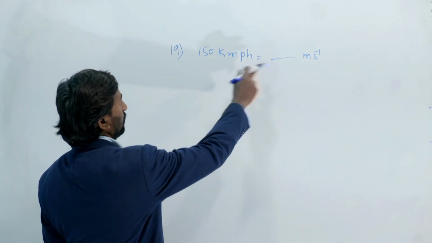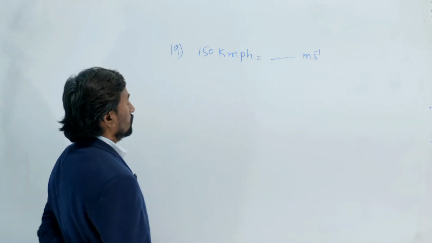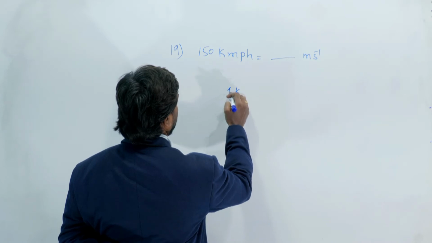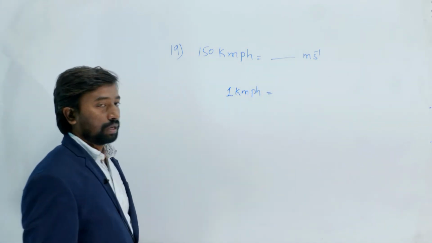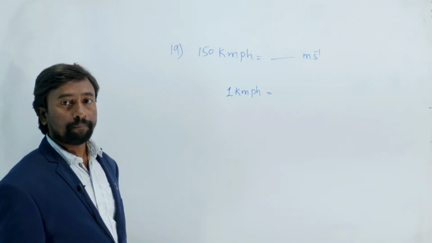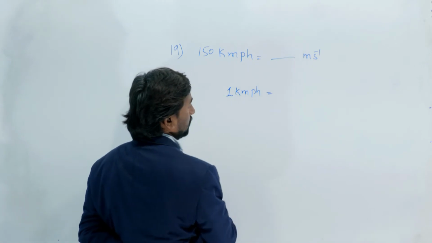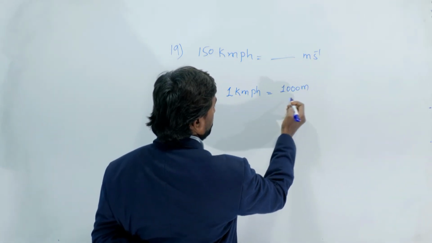First we should know 1 kilometer per hour, and we should convert that into meter per second. 1 kilometer means 1000 meters, no? 1 kilometer is equal to 1000 meters.